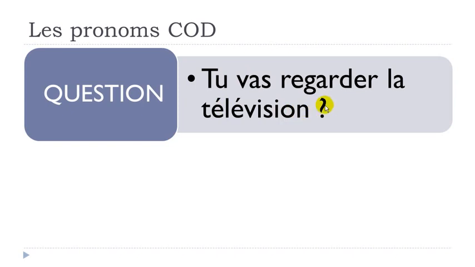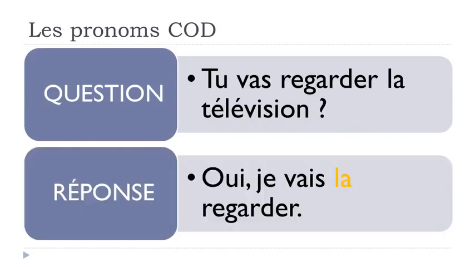If you look carefully, you've got two verbs, and that's the important thing here. If you have a structure with two verbs and you want to use a pronoun, this pronoun will always come before the second verb, like here: oui, je vais la regarder.